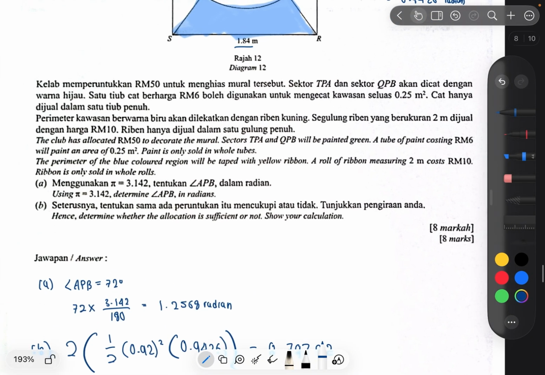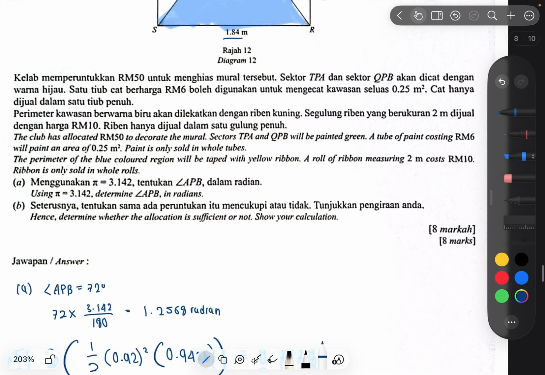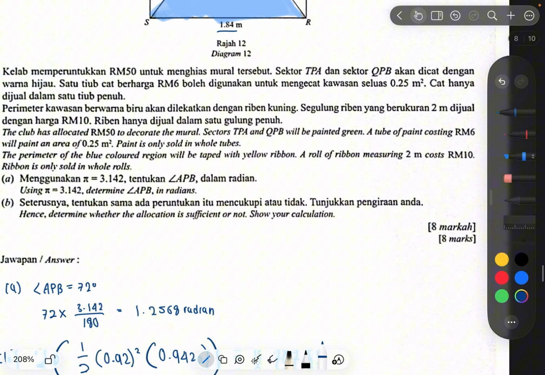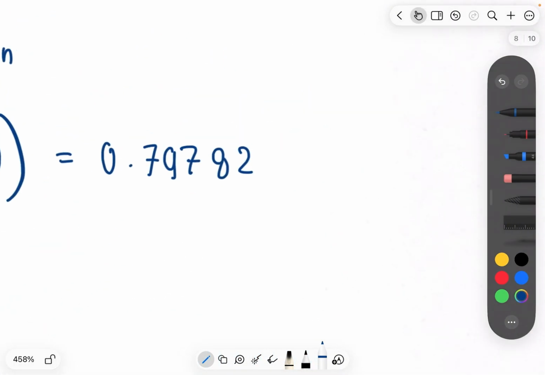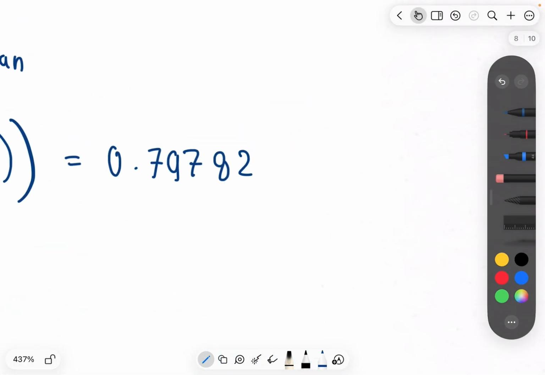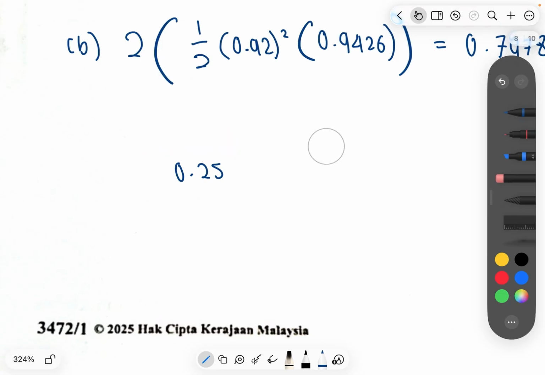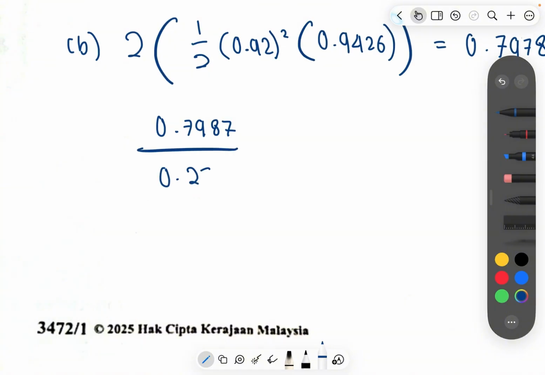Because it says that a tube of paint costing RM6, a roll of ribbon measures 2 meters. Should I simplify this? I feel I took too much. 0.7998, at least 4 decimal places, 0.79878 should be safe. I'll take 4. So 0.7987 over 0.25.